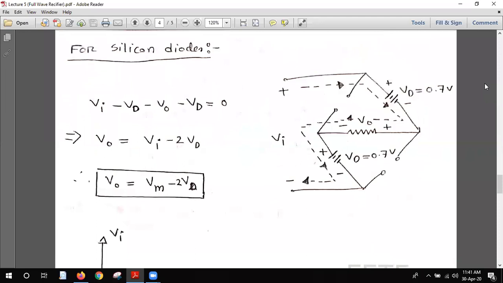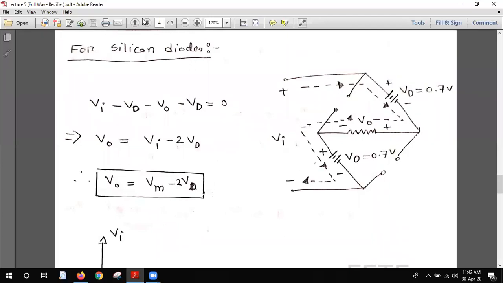Now it will be the effect of the silicon diode. The discussions we have done recently were for the ideal diode, but for the silicon diode it is the same process, the same thing. We all know that only one thing changes.